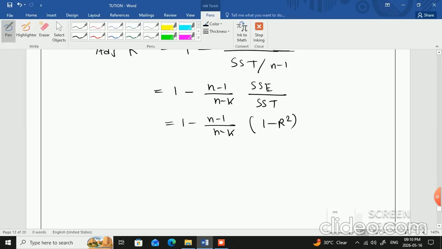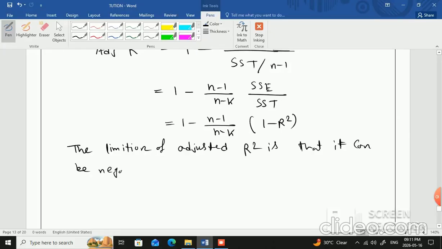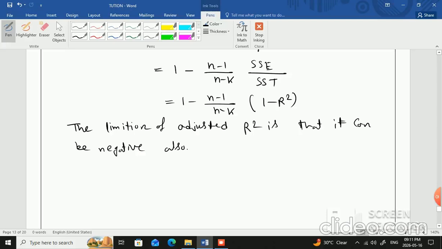The limitation of adjusted R square is that it can be negative also. Adjusted R square can be negative, but R square always positive. For example, k equal to 3, n equal to 10 and R square equal to 0.16.